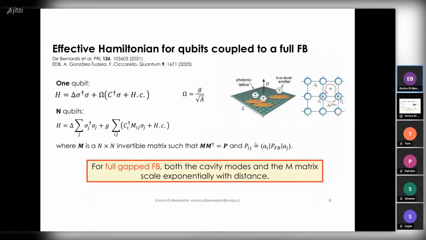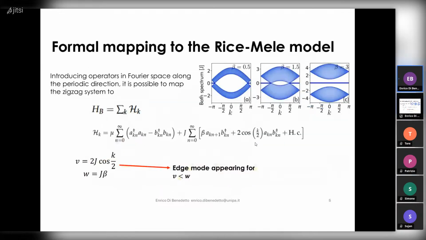So, okay. Before going forward, I would like to summarize briefly what happens in standard models when you couple a qubit to a full flatband, because something that I forgot to mention here is that these modes form a flatband, but it's not like a standard flatband, like for instance this one that covers all the first Brillouin zone.